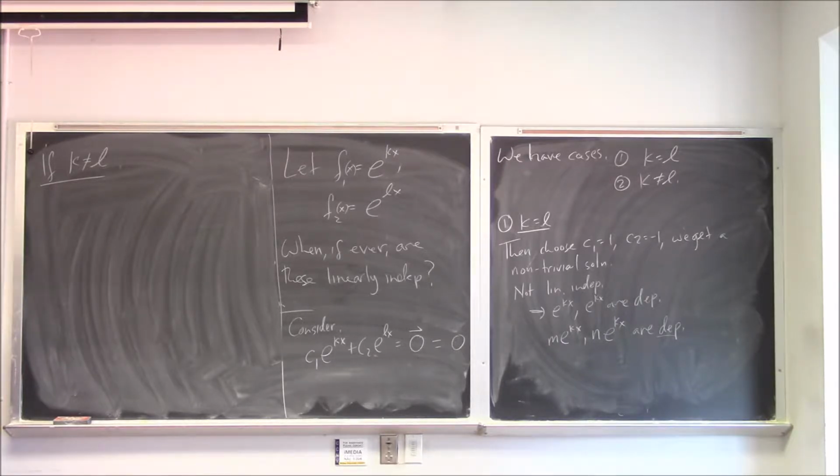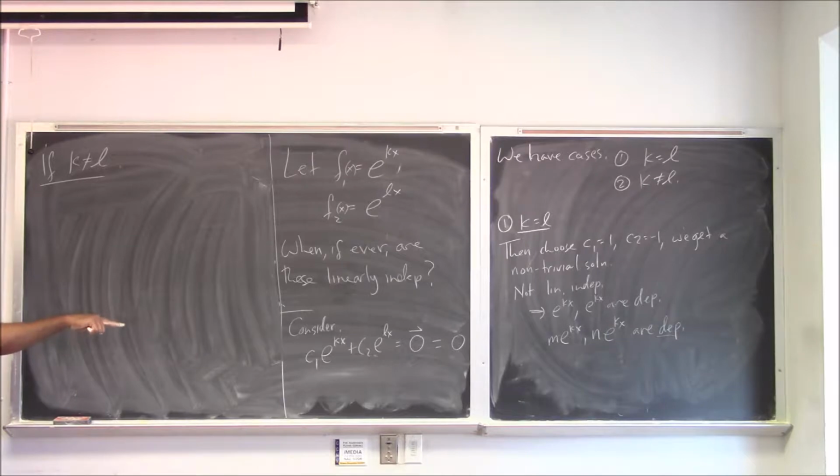Oh, can you say that they're never 0? We know that e to the kx and e to the lx on their own are never 0. In fact, e to any constant times x is never 0. So that means C1 times some non-zero plus C2 times some non-zero... We also know they can't be negative by laws of exponents.